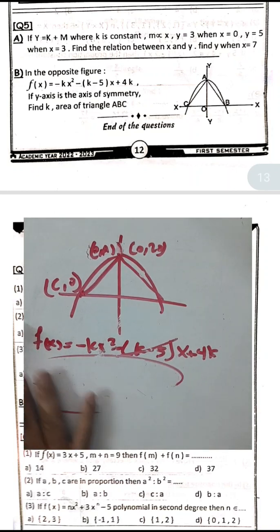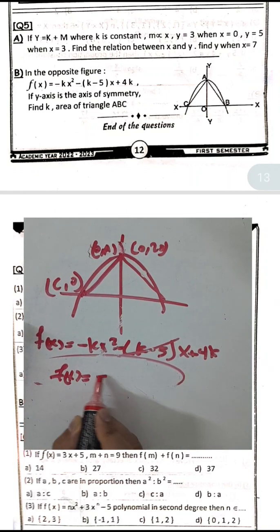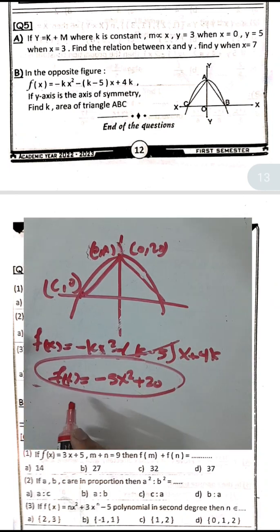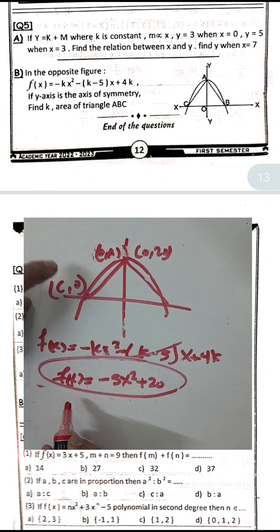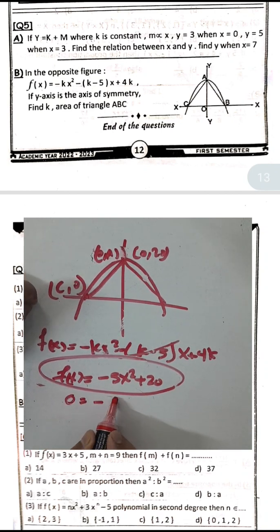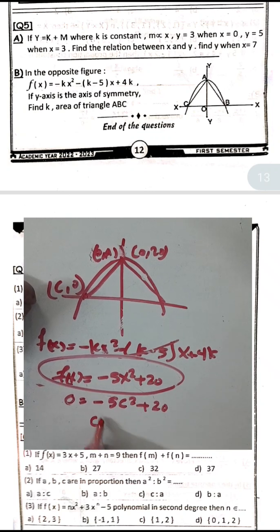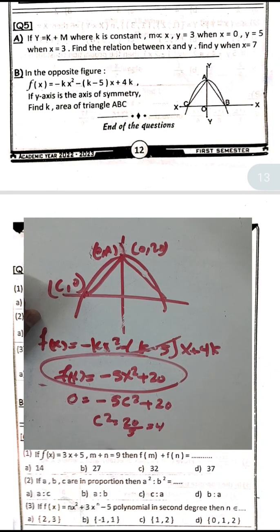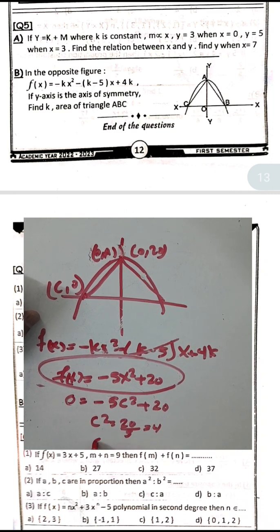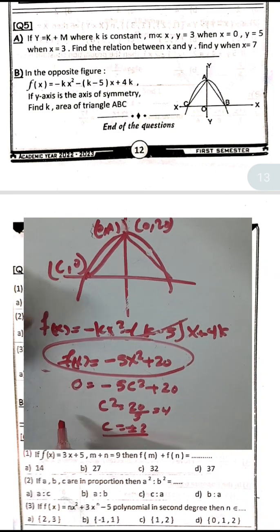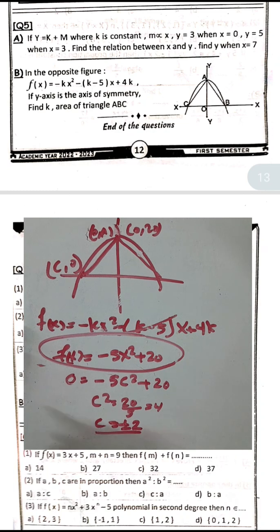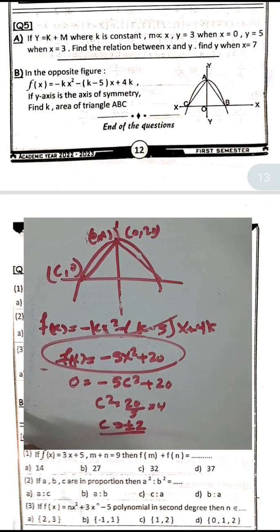What is this function? We have the function f of x equals negative 5 x squared plus 20. Put (c, 0) here, right? x equals c and y equals 0. 0 equals negative 5 c squared plus 20. Then c squared will be 20 divided by 5, it will be 4. Then c will be the square root of 4, positive or negative 2.